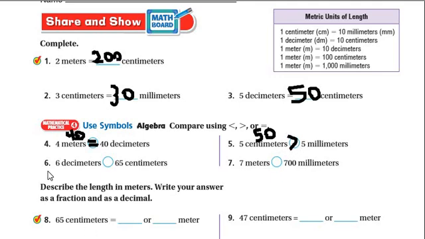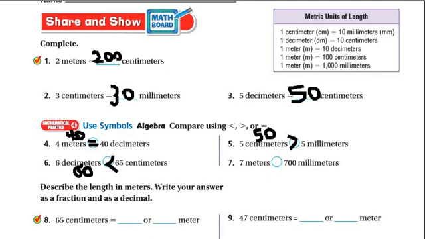Okay, number 6, I have 6 decimeters and 65 centimeters. 1 decimeter equals 10 centimeters, so 6 times 10 will be 60 only. Okay, I have on the other side 65, so this one will be greater.